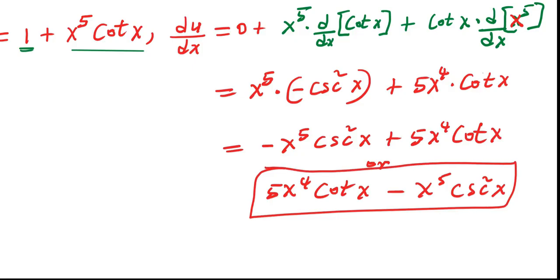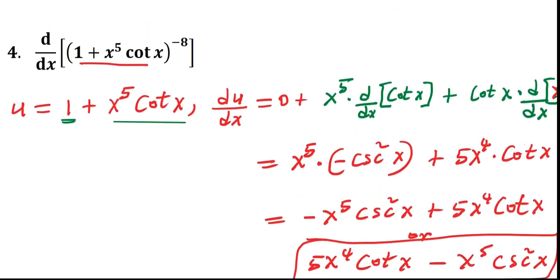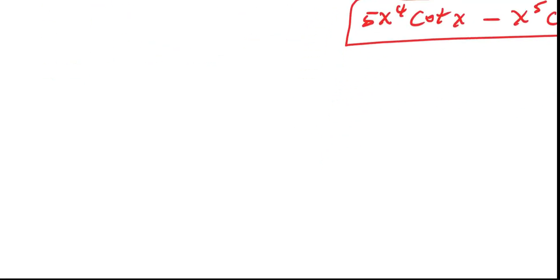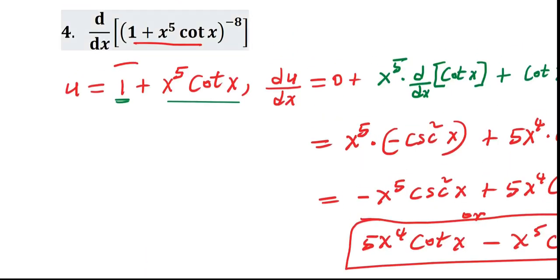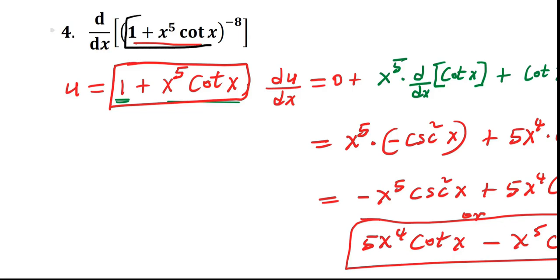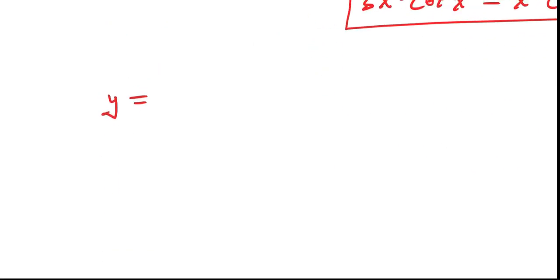Next, we have to set the question as y. Because we said u is this, the whole of this is u. So in the original question, we need to take the whole of this as u. So y is equal to u to the power of negative 8.